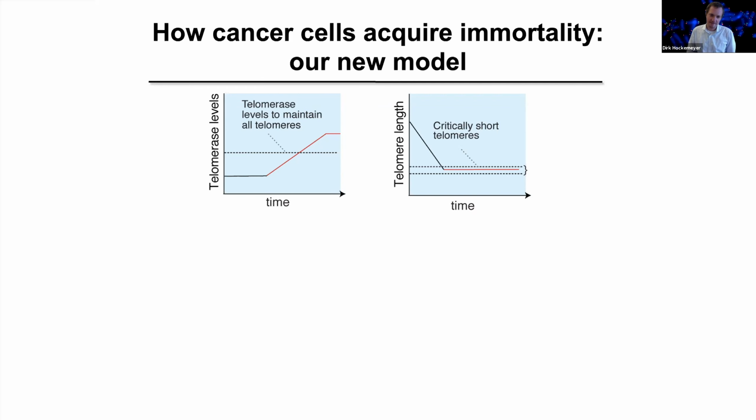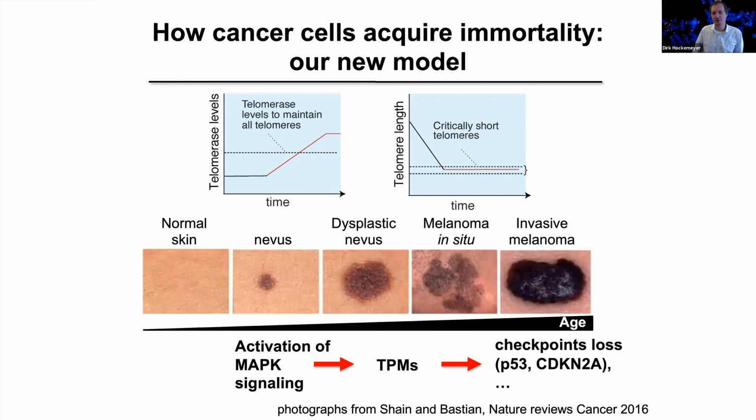So I find this highly interesting because, as I mentioned, we validate that something like this has to happen during cancer progression. And here I show you the progression of melanoma that goes through individual steps of cancer development.